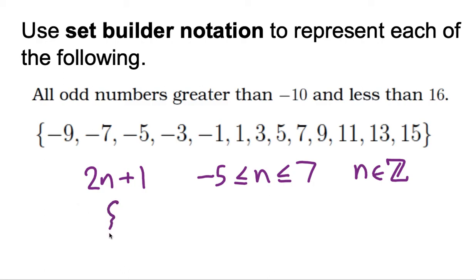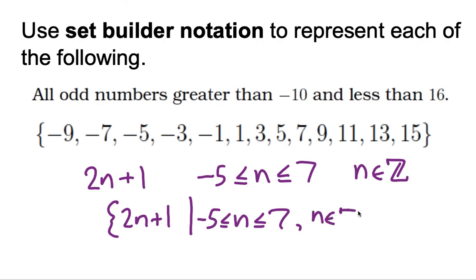We have curly bracket 2n plus 1 such that n is a number between -5 and 7 inclusive, and additionally n must be an integer. And so this represents the list up above. And this concludes our quick review of set builder notation.